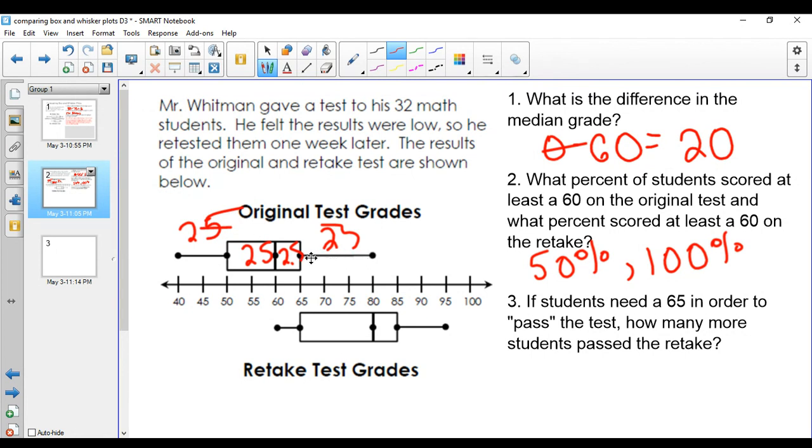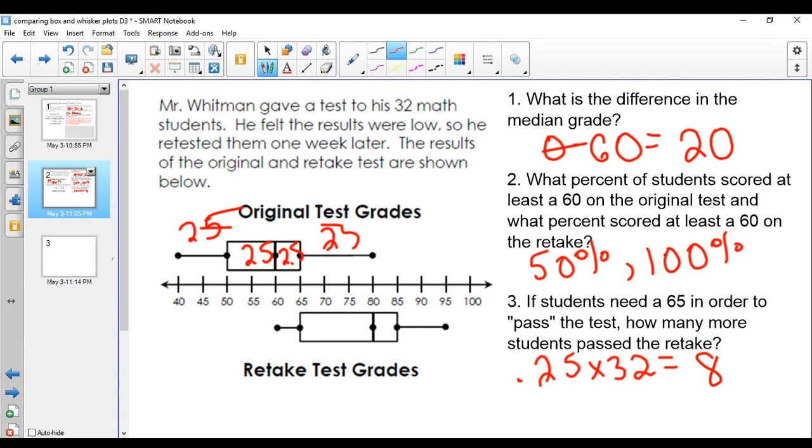So we want to find 25% of 32 students. We're going to do 0.25 times 32, and that gives us 8. So only 8 students passed the test on the first test.